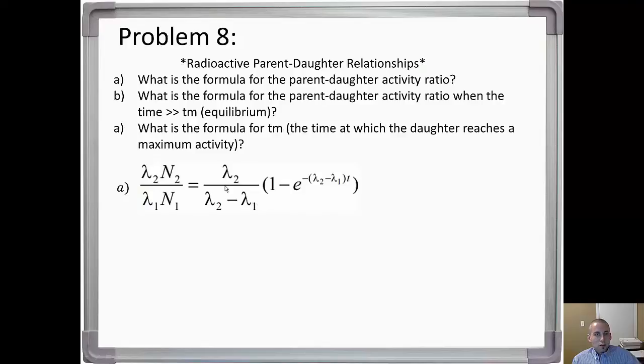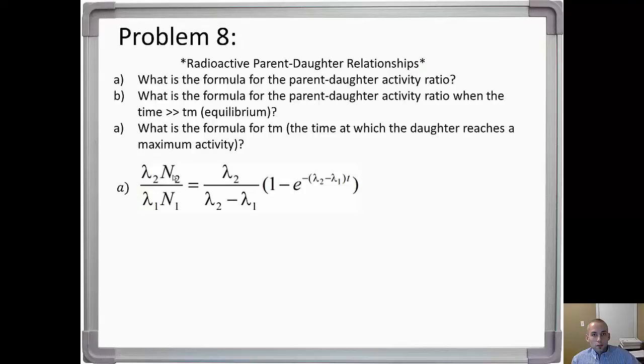Write this one down. So decay constant 2, that's the daughter. Decay constant 1, this is the parent. The rest, I think, is self-explanatory. Time. This is the daughter number of particles. So I would memorize that.